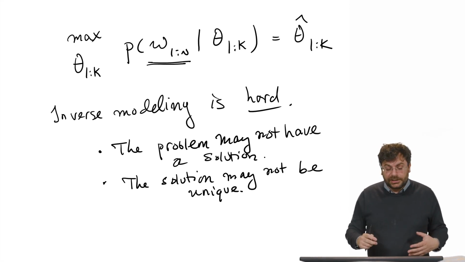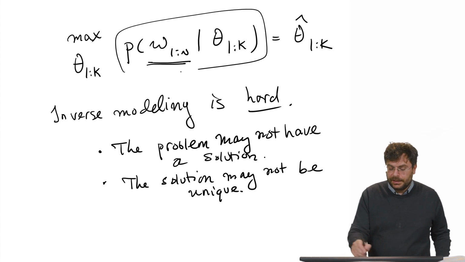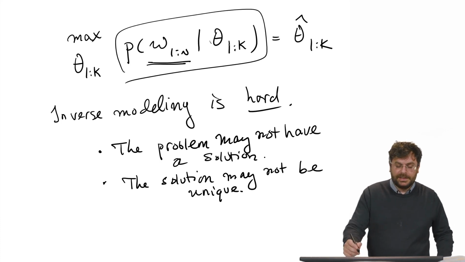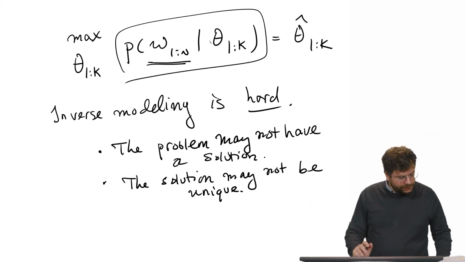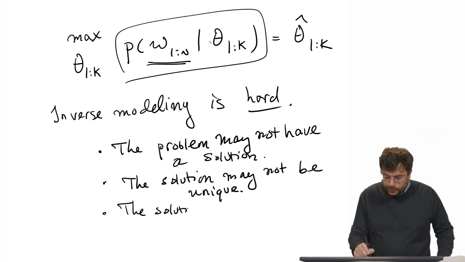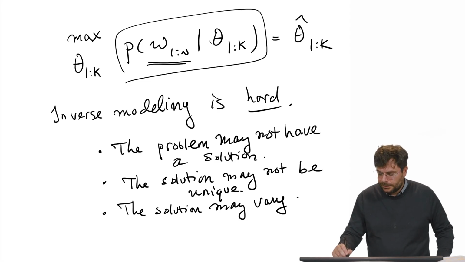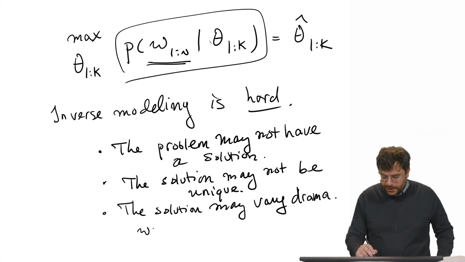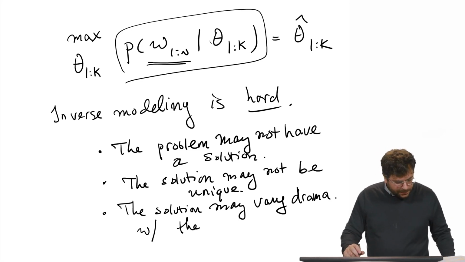So there could potentially be many different solutions that explain your data all equally well, right? Maybe this likelihood, if I were to plot it versus theta, has a kind of ridge of potential solutions. And finally, and this is one of the toughest ones, the solution may vary dramatically with the supplied data.